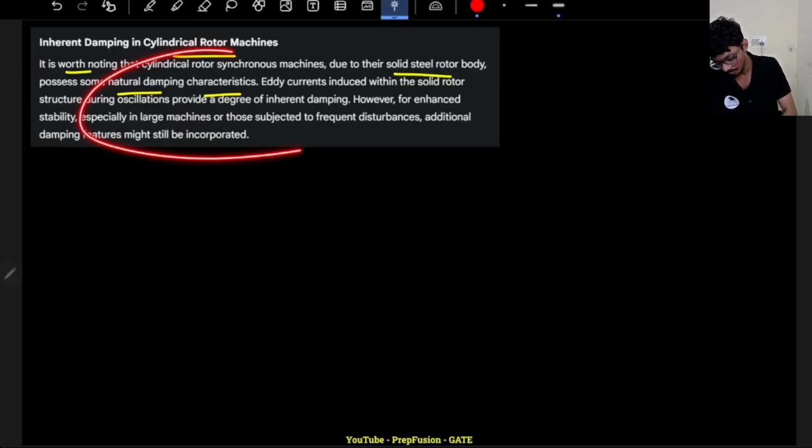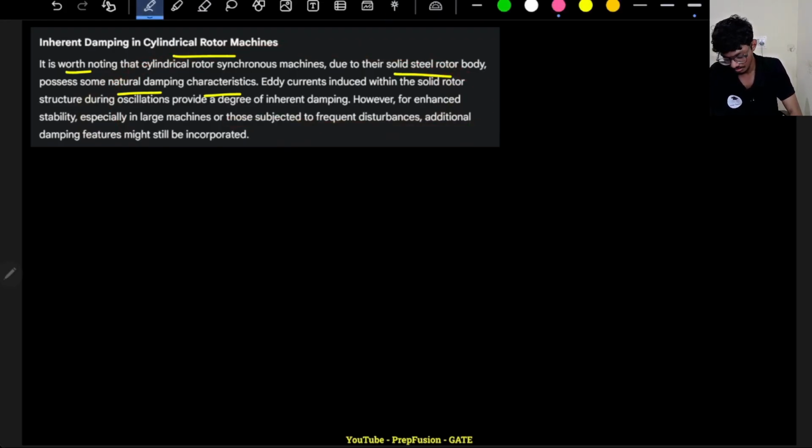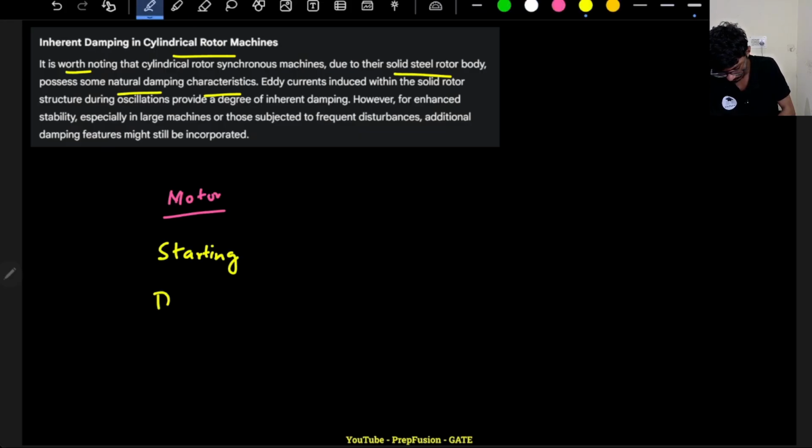Now let's understand one more thing, regarding the resistance. In the case of a motor, the damper winding is required both for starting and for damping out the oscillations.